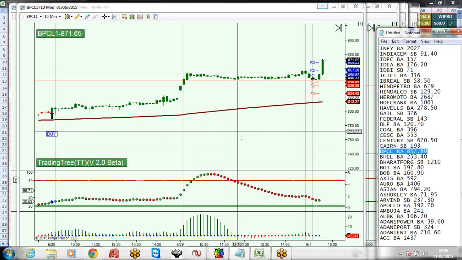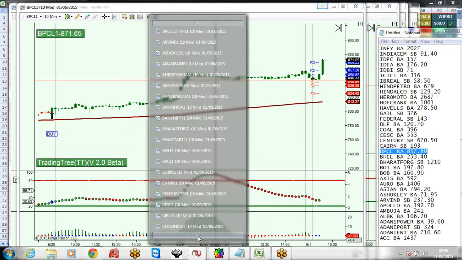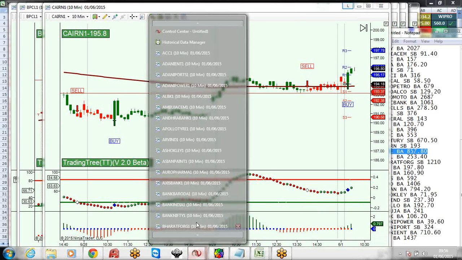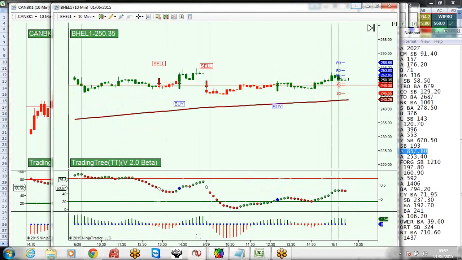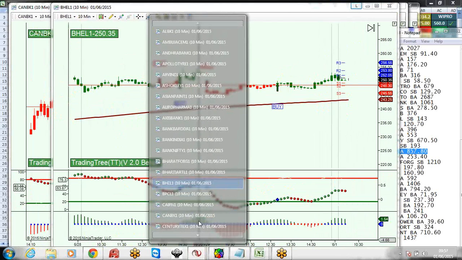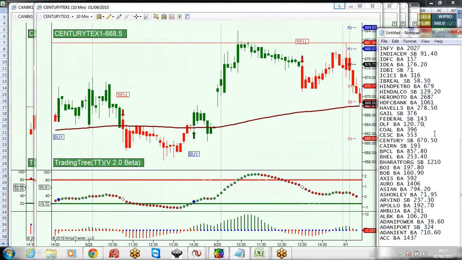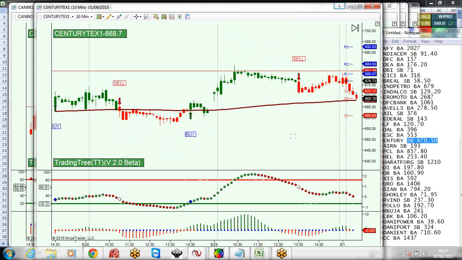Now it is at 871. So Surgery Textiles, we had a short at 670.50. Now it is at 668.70. This can be your first target.